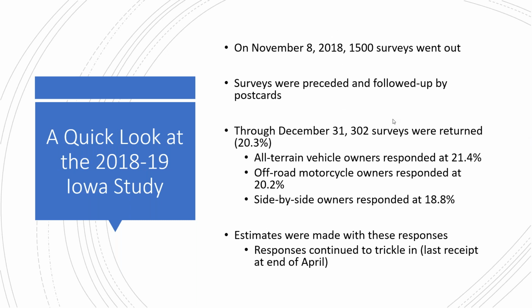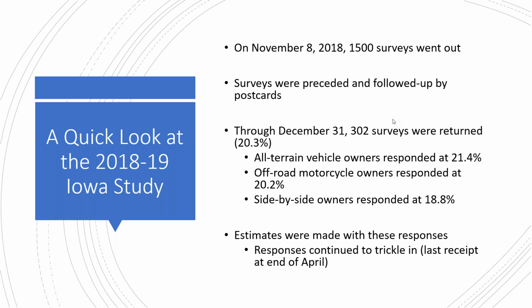Here's how the Iowa study fell out. On November 8th, 2018, we sent out 1,500 surveys. We did paper surveys. It had been a couple of years since I'd done recreation, and the last time I'd done it, we had run into an issue where we had a population that wasn't ready for online surveys yet, so we did paper.